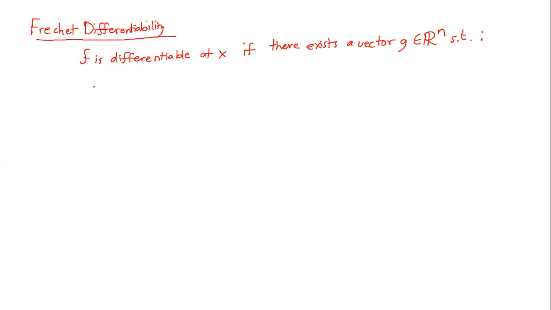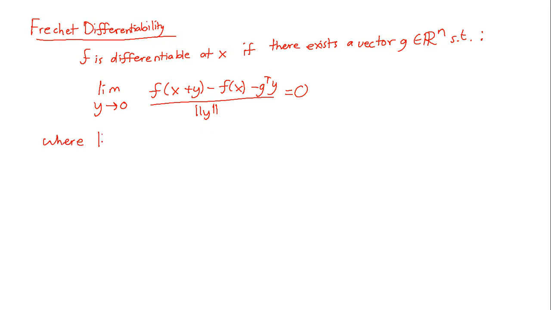For Fréchet differentiability, we say that f is differentiable at x if there exists a vector g in R to the n such that the limit as y goes to 0 of f of x plus y minus f of x minus g transpose y, over the norm of y, is equal to 0, where the norm is any vector norm of y.